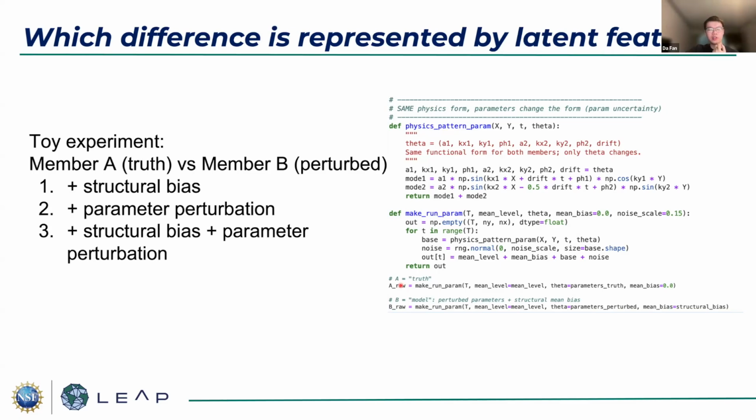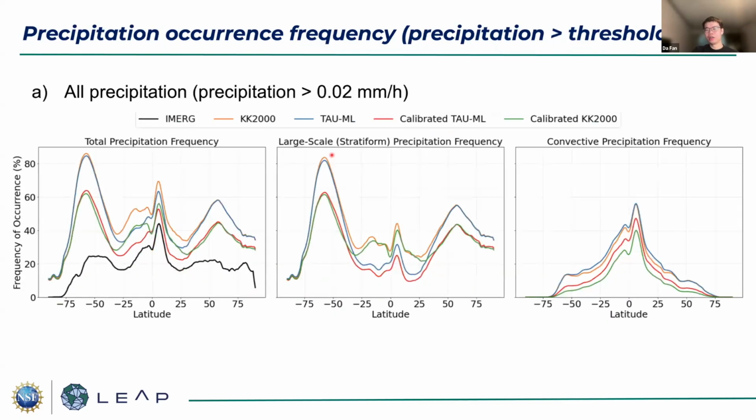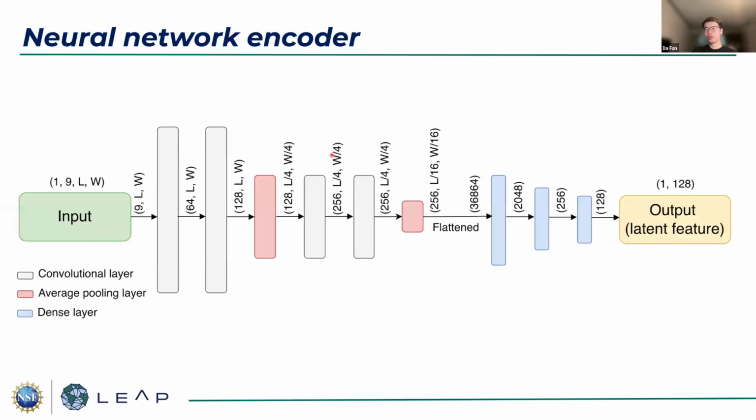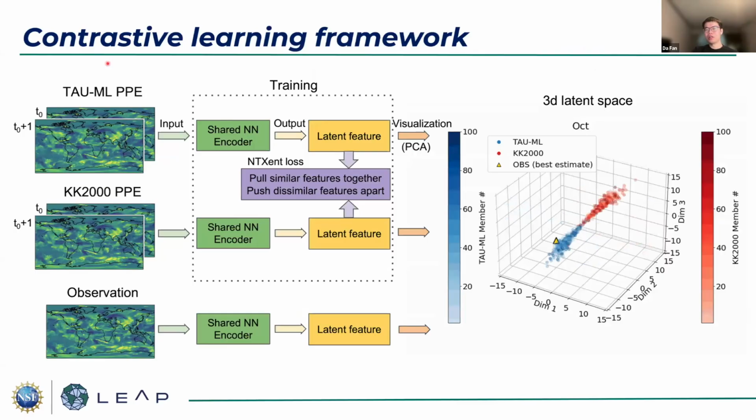Second is the imperfect or the limitations in microphysics and climate models. And the third part is the imperfect observations. Because the real climate model problem is more complex. Here we have a truth and a simple perturbation added to member B, but in our contrastive learning framework, these three different data sources are quite different.